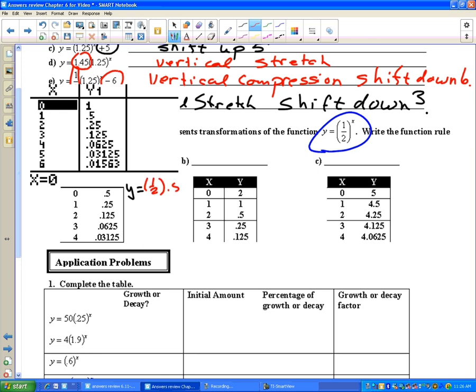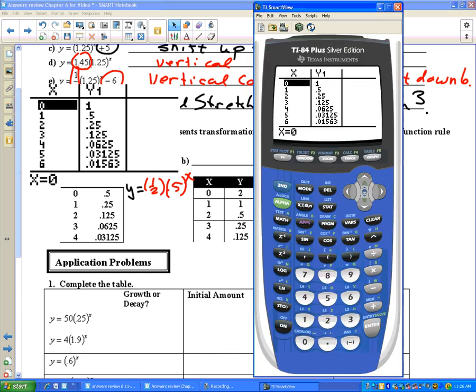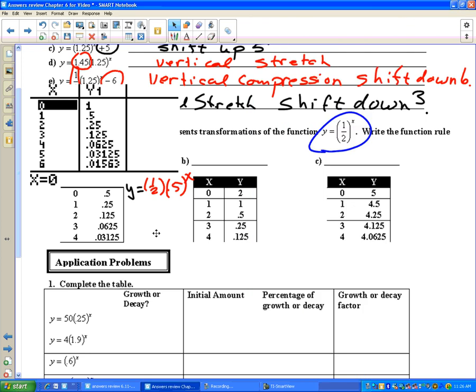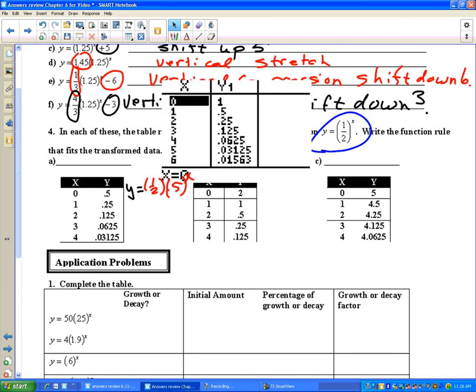So it's 1/2 times 0.5 to the x. Double check this in my calculator. I'm guessing here, but I'm going to say that this is 0.5 times 1/2. I don't want the graph. I want the table. But do you see that this new table here matches what I already have, 0.5, 0.25, 0.125? So that tells me that my guess was correct, that my equation is y is equal to 0.5 times 1/2 to the x power.